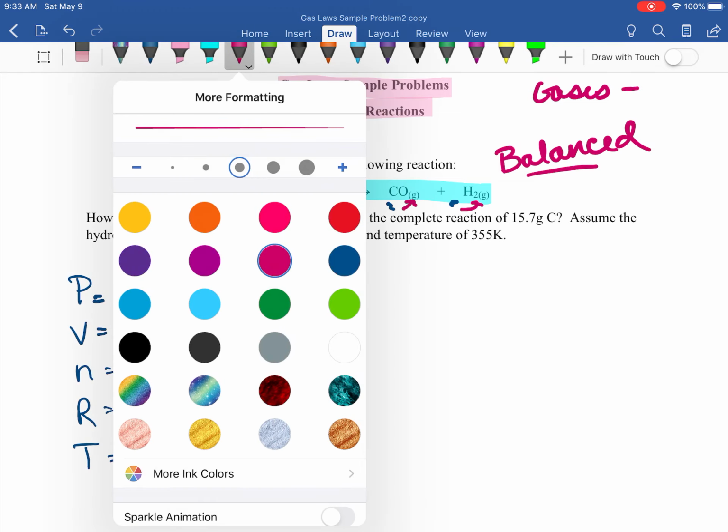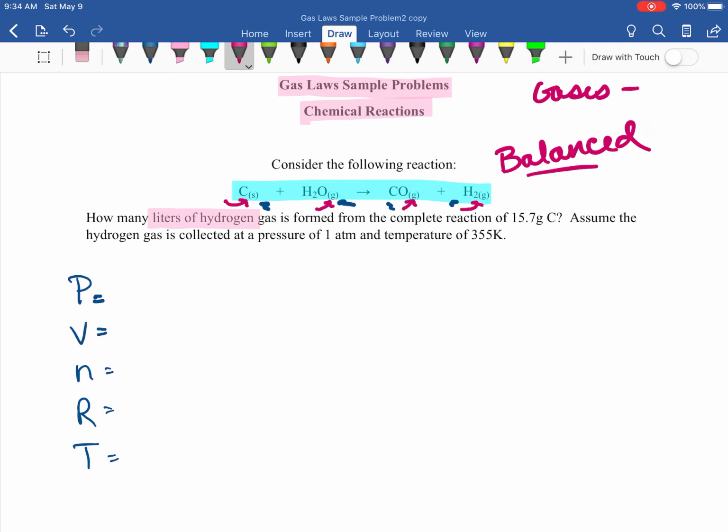Okay, how many liters of hydrogen? All right, so let's combine a little Unit 3 and a little Unit 4. I'm going to put a little question mark over hydrogen. And then we're looking at the complete reaction of 15.7 grams of carbon. So let's write that up there.